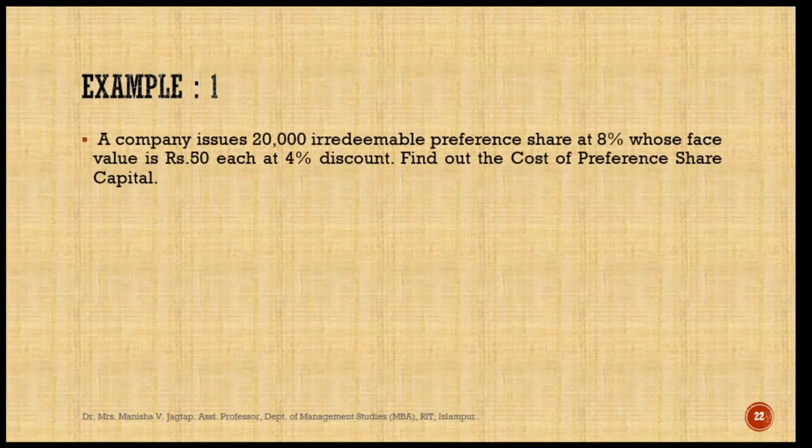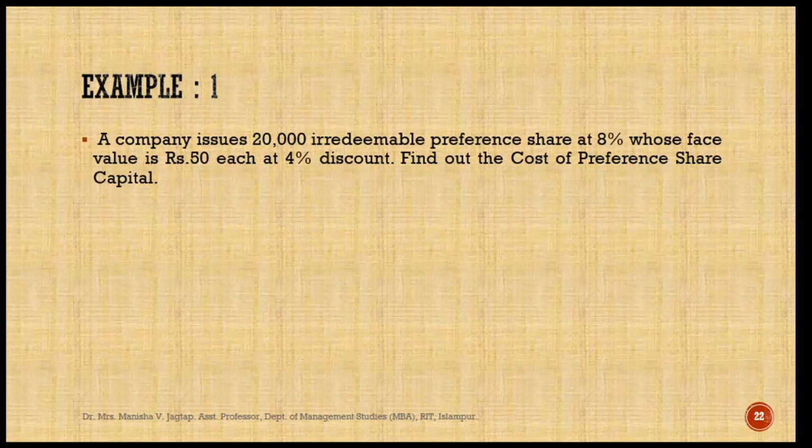The first example here: a company issues 20,000 irredeemable preference shares at 8%, whose face value is rupees 50 each, at 4% discount. So find out the cost of preference share capital.